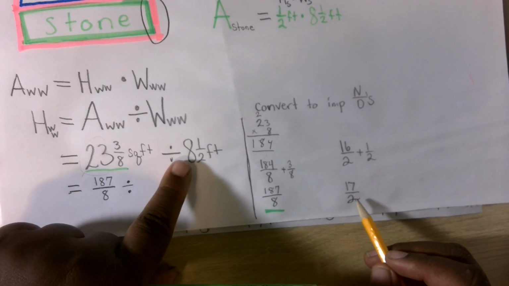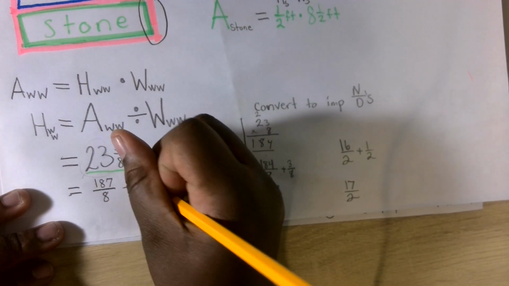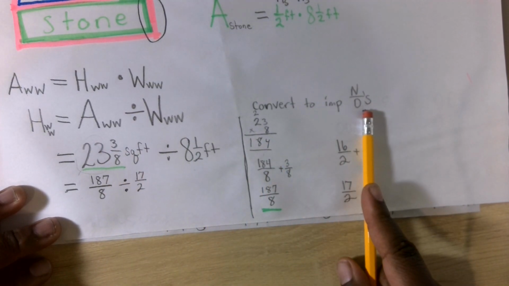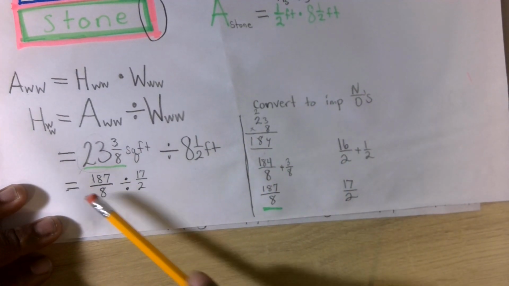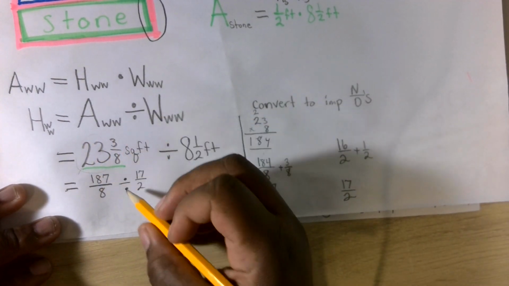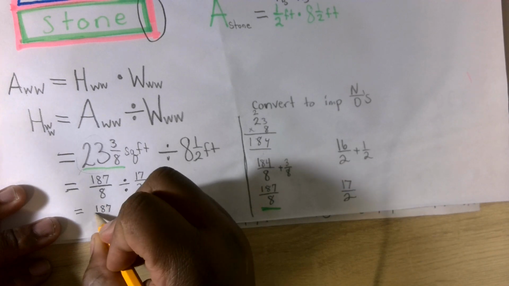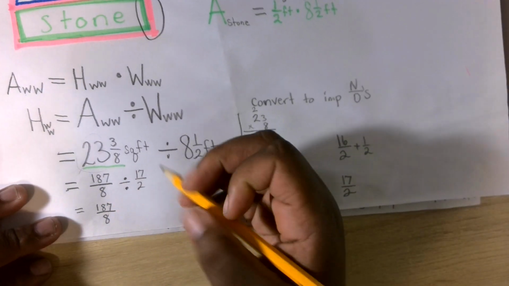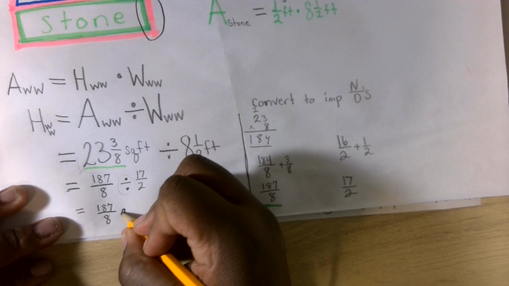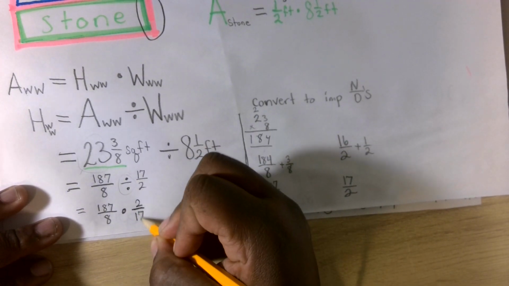And instead of writing 8 1/2, I'm going to write 17 halves. I converted these mixed numbers to improper fractions. I'm dividing fractions, so I'm going to keep the first fraction, change division into multiplication, and flip the second fraction to 2 over 17.